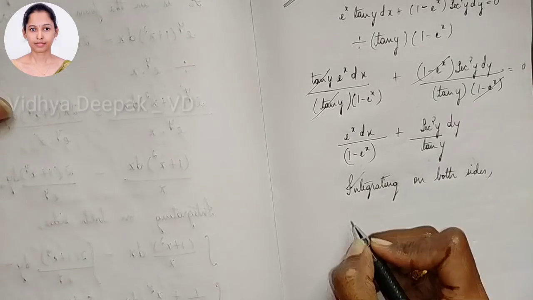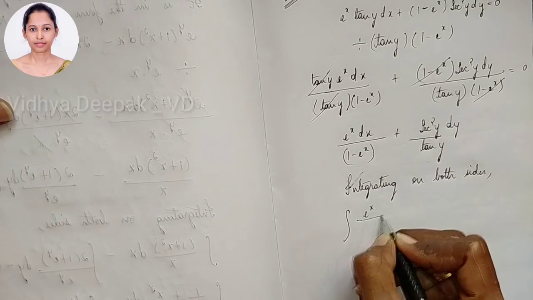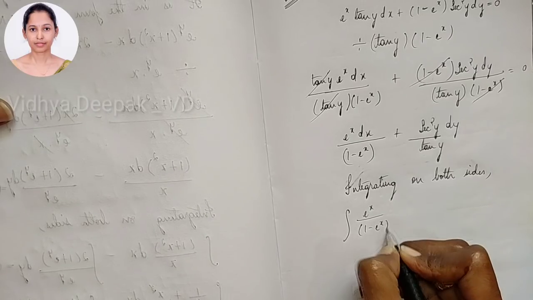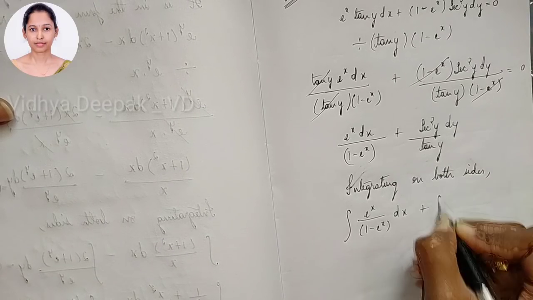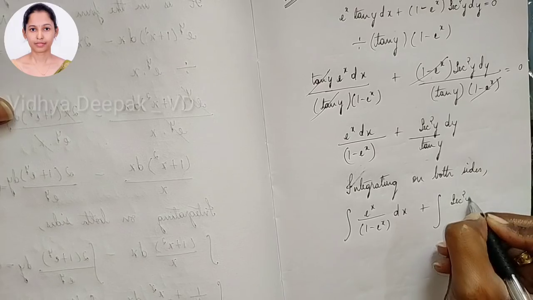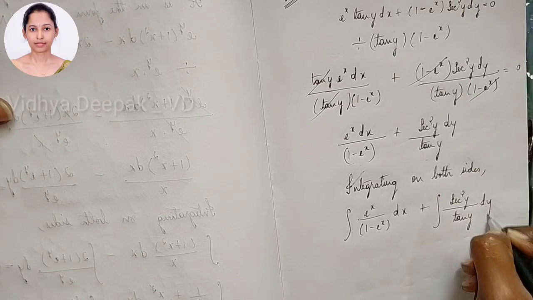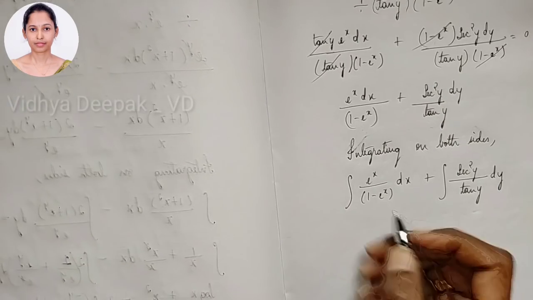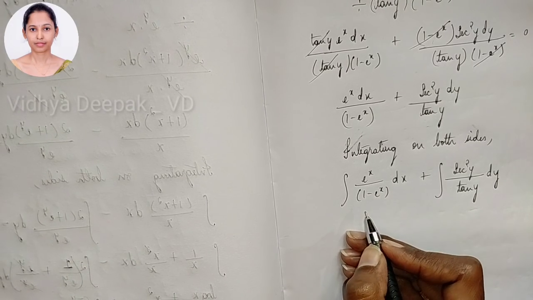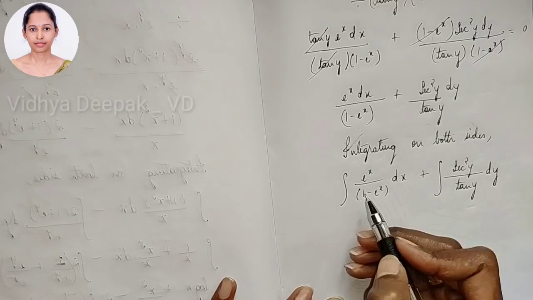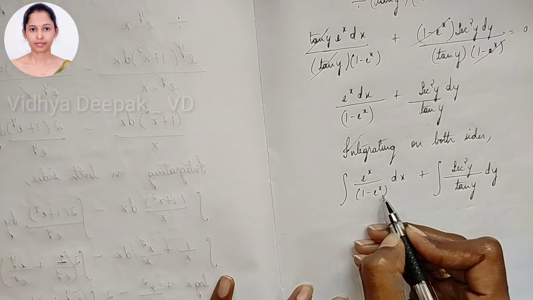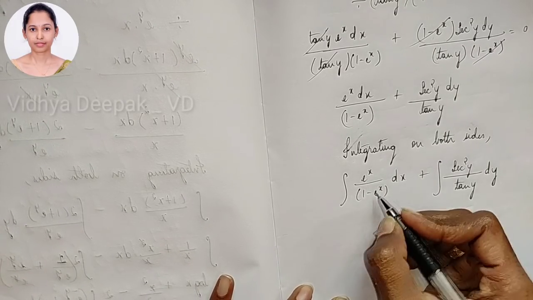Now what do you get? Integral of e power x divided by 1 minus e power x into dx plus integral of secant square y by tan y into dy. So here you can see, differentiation of 1 minus e power x is what?